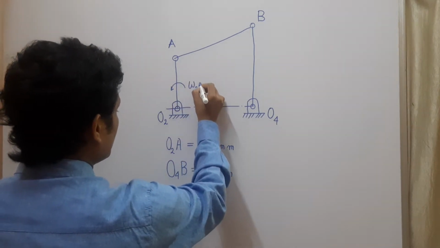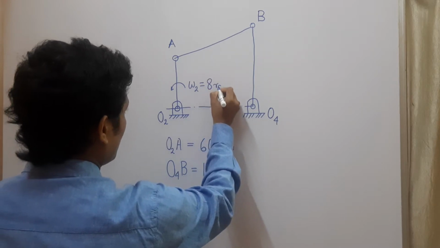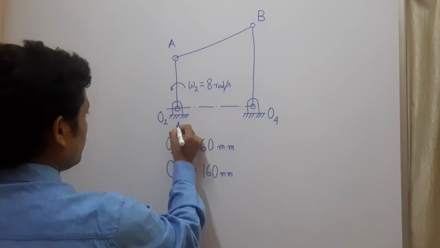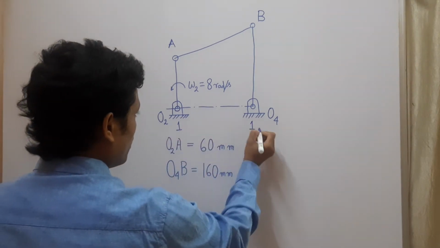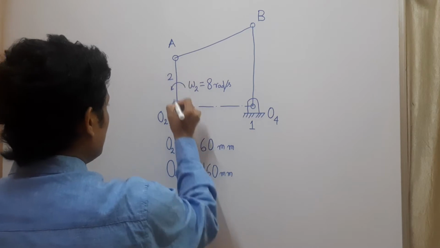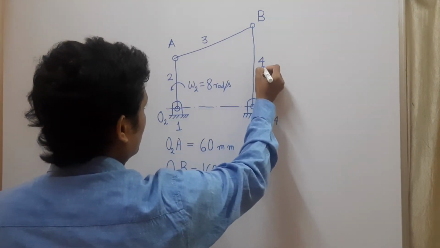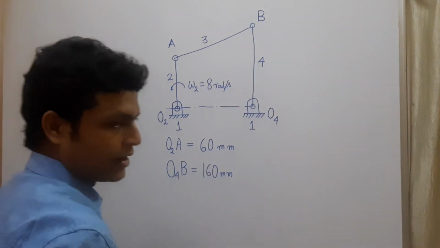Omega 2 is equal to 8 radian per second. So the fixed link is denoted by 1, the crank is 2, that is O2A, AB is 3, and O4B is link number 4.